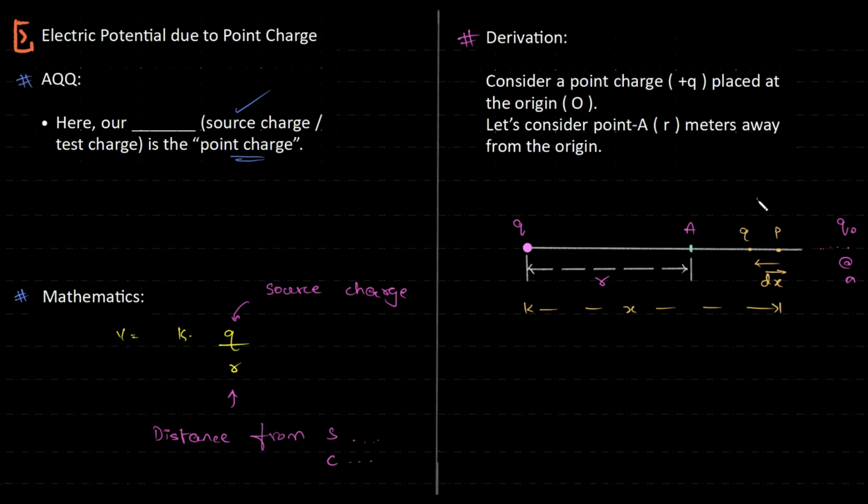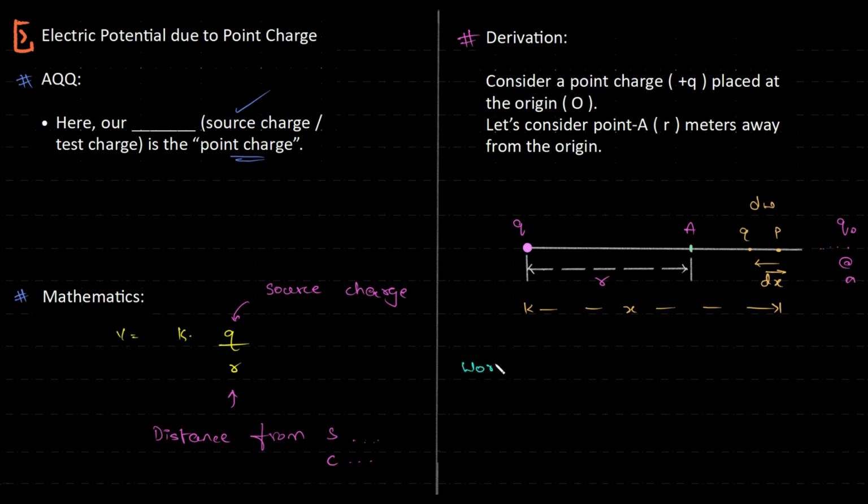And the work done over here is dw. So by figuring out the work done for the small length, and we're looking at the similar pattern over here because it's a point charge, we will be able to add all the work and thus get the entire work. That's the whole funda, is it not?